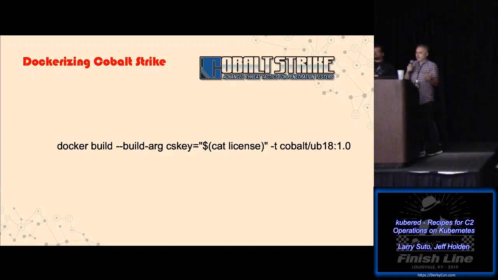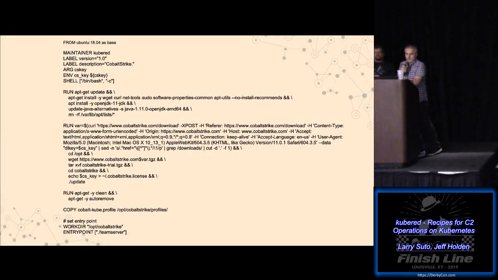So this is just building a Docker image for Cobalt Strike from a Dockerfile. This is an actual Dockerfile for Cobalt Strike. In the GitHub there's going to be a section for Dockerfiles, and for each C2 there's going to be a Dockerfile so you can build an image for it.